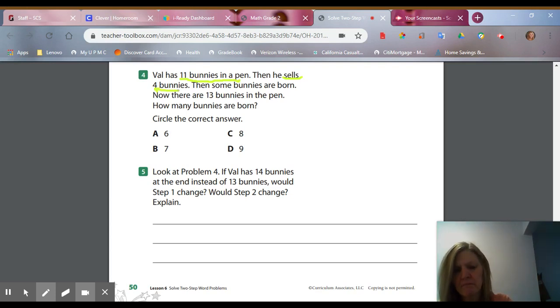We don't. Now there are 13. The question is, how many bunnies are born? So that's what we're looking for here. Some bunnies are born, but we don't know how many.